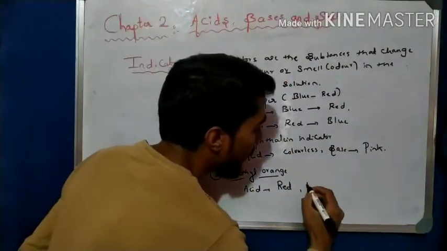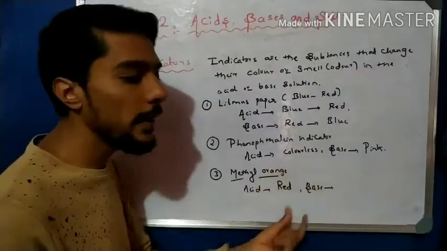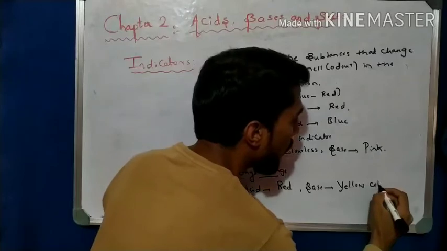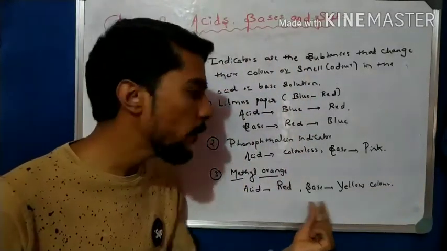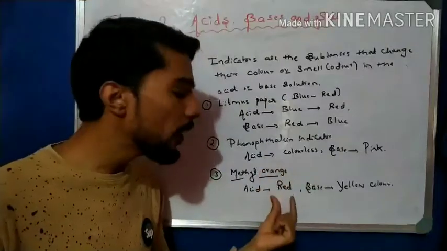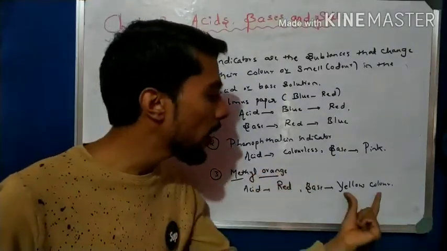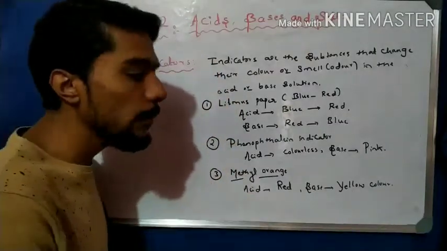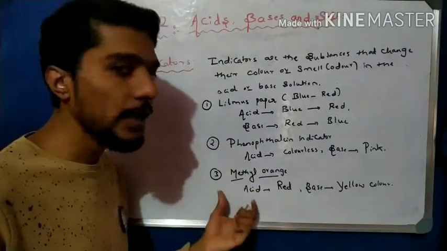If a few drops of methyl orange are added to a base, you observe that yellow color is obtained. So there are two color changes, one red and one yellow. If methyl orange shows red color, then the substance is acid. If it shows yellow color, then the substance is a base. Methyl orange is another very important indicator.